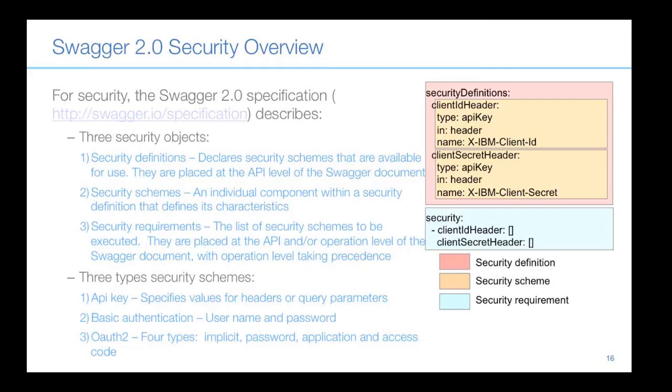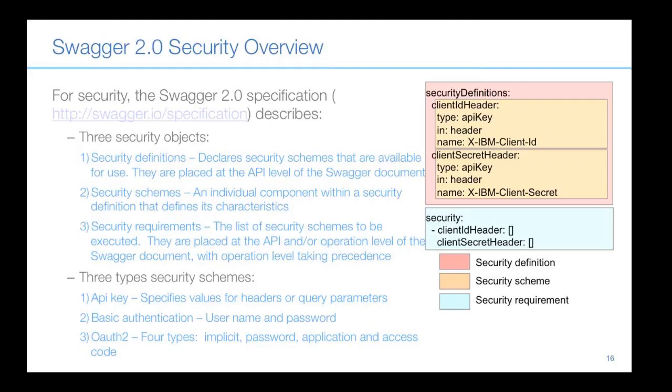On the right, I have an example of the YAML that would appear in the Swagger document. You can see in pink are the security definitions. There are two security schemes in there, one for the client ID header and one for the secret. And then below in blue are the actual security requirements, and those are the things that get executed. Those are just basically the names of the security schemes.